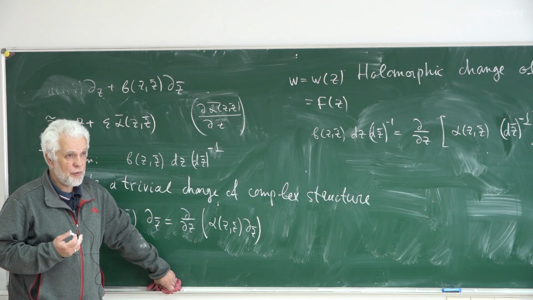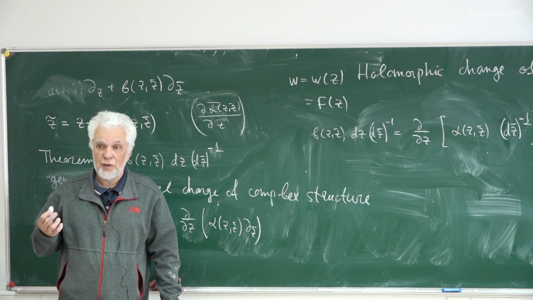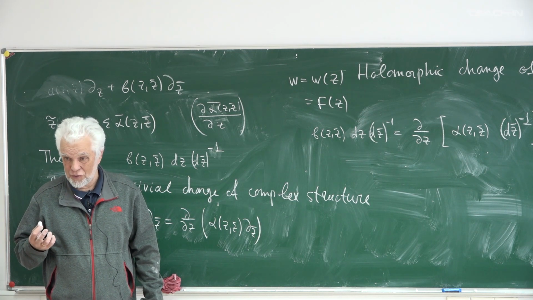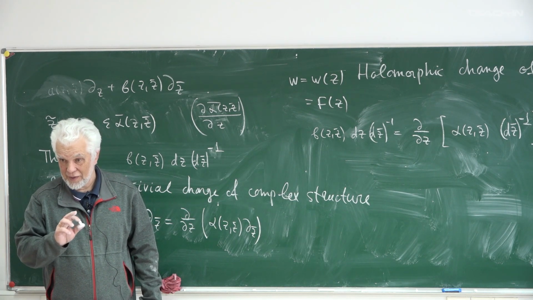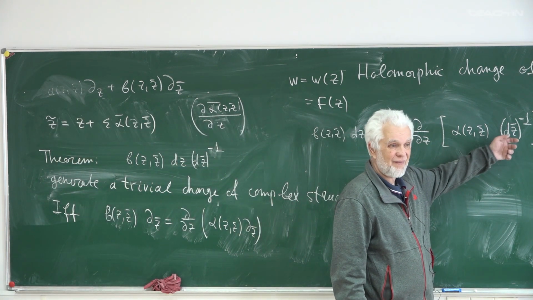So, of course, you would like to be a little more careful because you understand that you have to be careful when you differentiate a tensor. You should introduce a connection. But here, you have this tensor in Z bar.